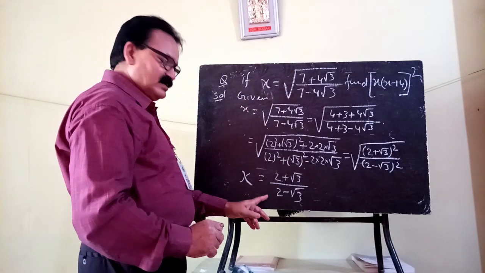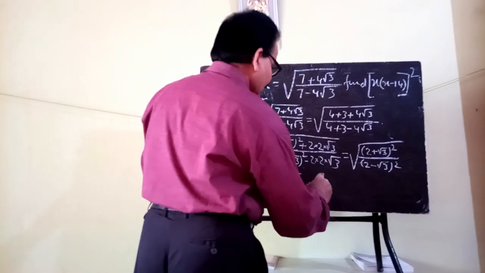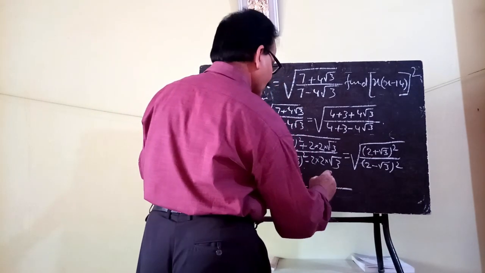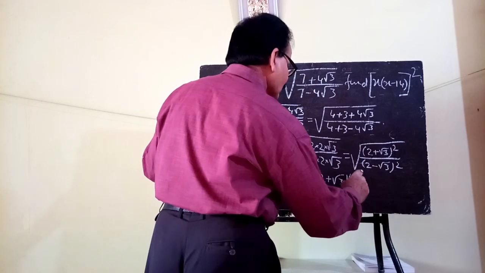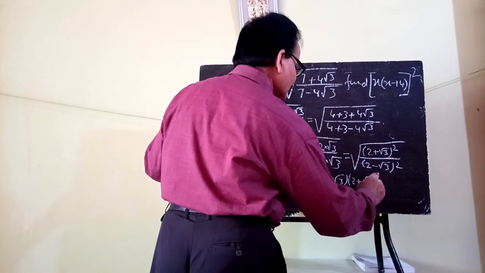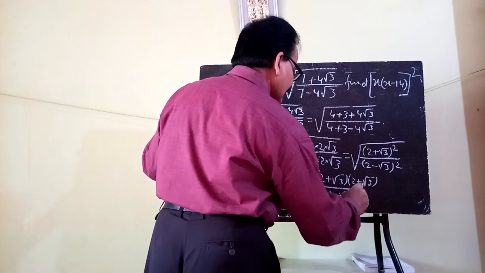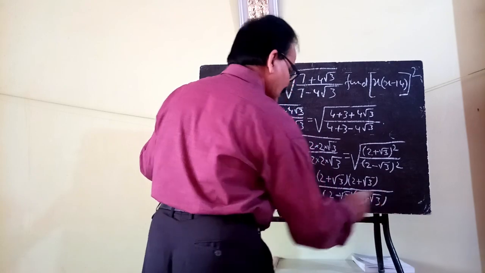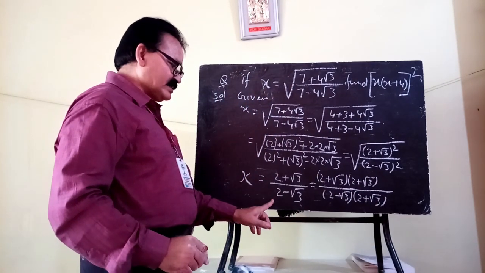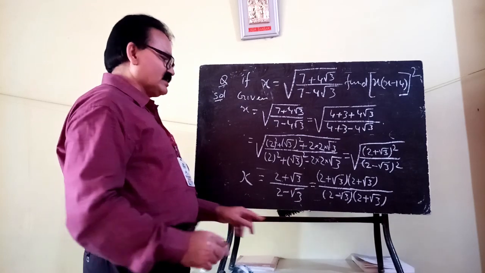Now you just rationalize the denominator. For rationalization, you multiply by 2 plus root 3 in numerator and denominator: 2 plus root 3 into 2 plus root 3, over 2 minus root 3 into 2 plus root 3. You are rationalizing the denominator to remove the square root of 3 from the denominator.